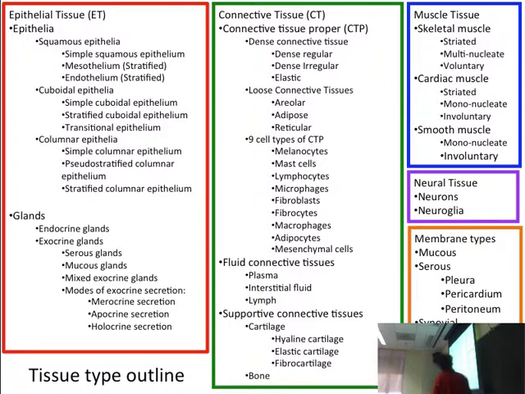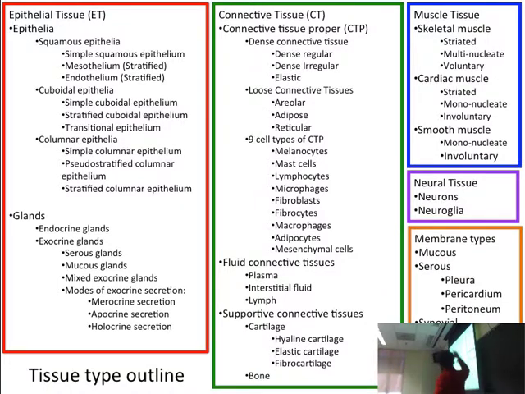In connective tissue, there are three broad categories. There's connective tissue proper, and all of these names are very descriptive. So it is what the name implies. It's connective tissue that's actually connecting stuff, giving some sort of structural support element to the organ that it finds itself in.